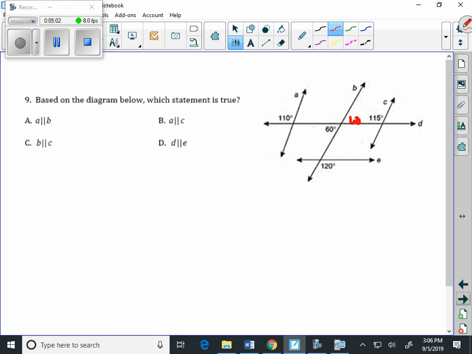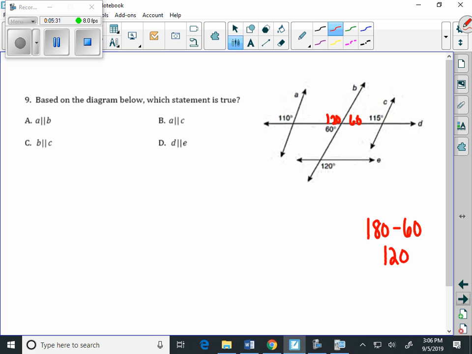So that's 60. And 180 minus 60, if we look at the linear pair idea right there, gives us 120. So this is 120, and this is 60. And in order for them to be parallel, our corresponding angles would have to be equal, and they're not.